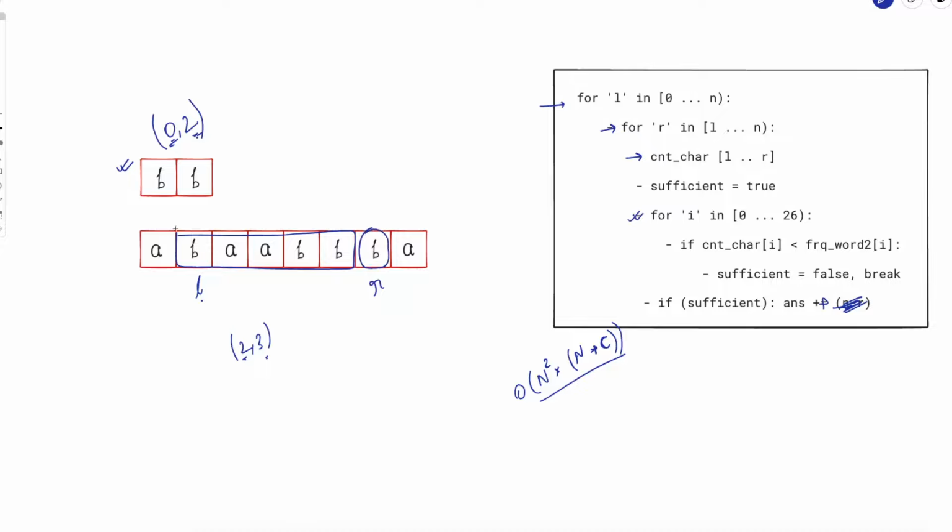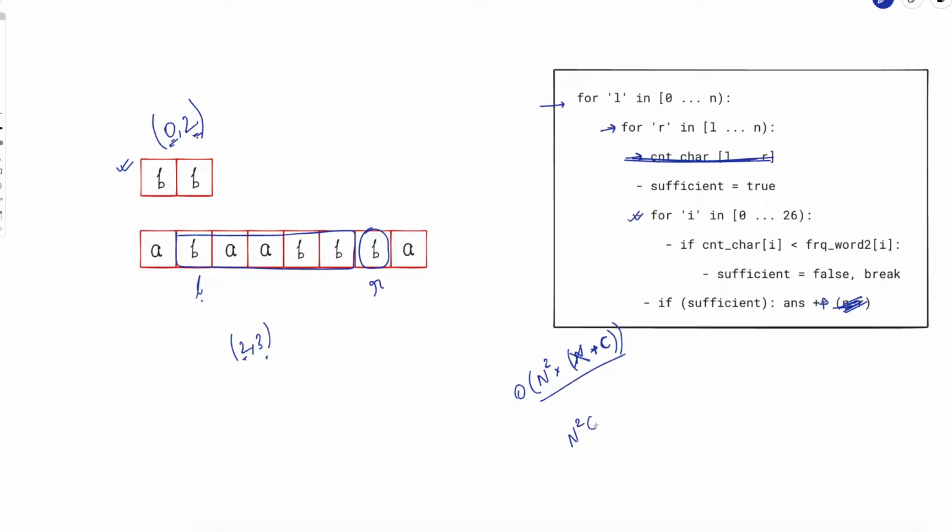So instead of counting everything starting from L to R, you can simply increment the counter for B, and that will help you get the total number of characters between L and R for each of the characters, right? So this you can simply replace by a simple plus plus operation on the current character. So overall the complexity would not have n, and the complexity would be n square c, right?